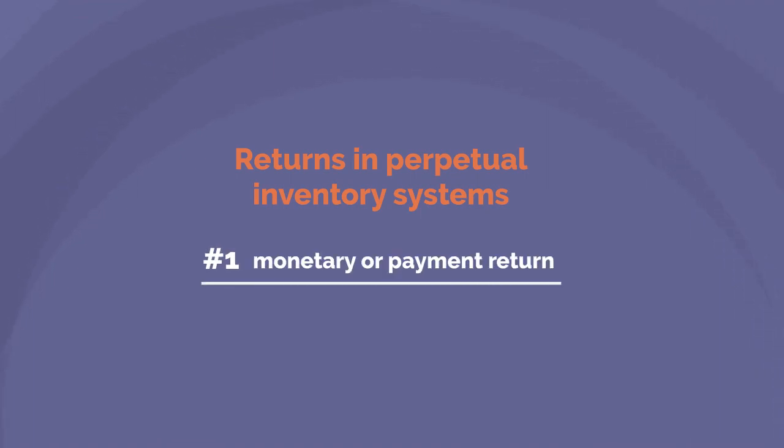For returns in perpetual inventory systems, there are 2 journal entries required. The first entry records the monetary or payment return. Merchandising companies have a contra revenue account called sales returns and allowances that they employ for this purpose.